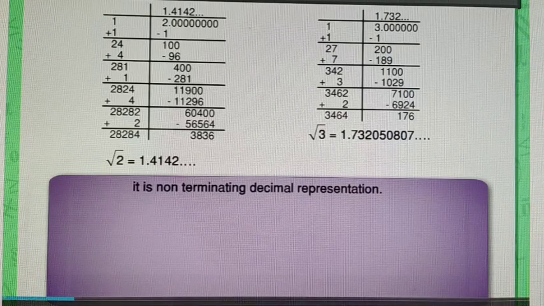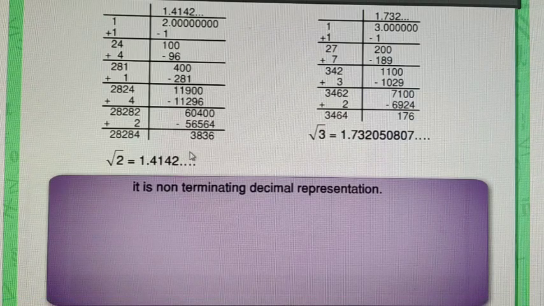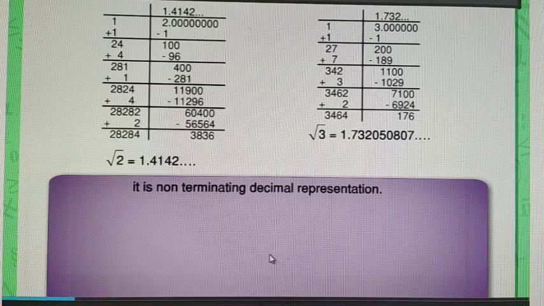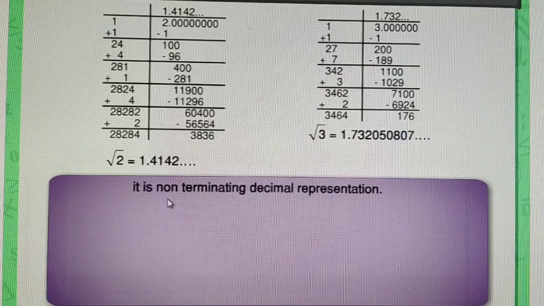So from first you can see that it is not terminating decimal representation. What is meant by non-terminating? Non-terminating means you will not get a remainder as 0. You will continue solving the sum, you will not get 0. So such numbers are said to be non-terminating decimal representation.